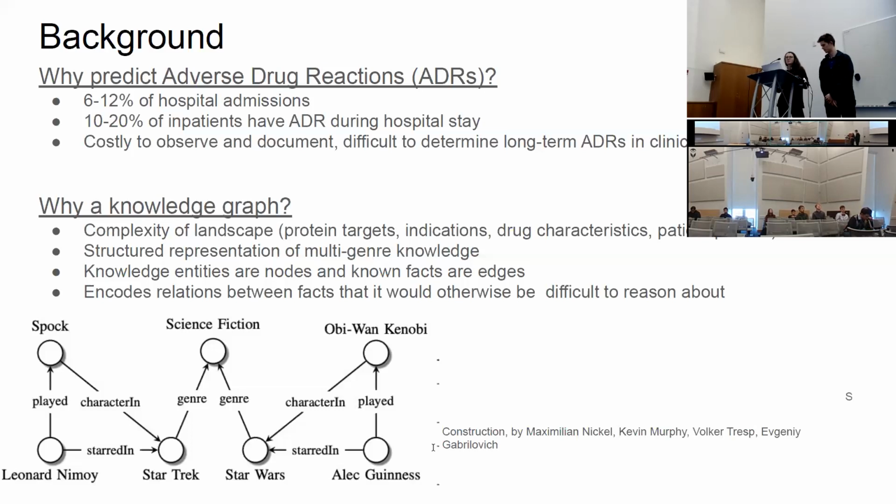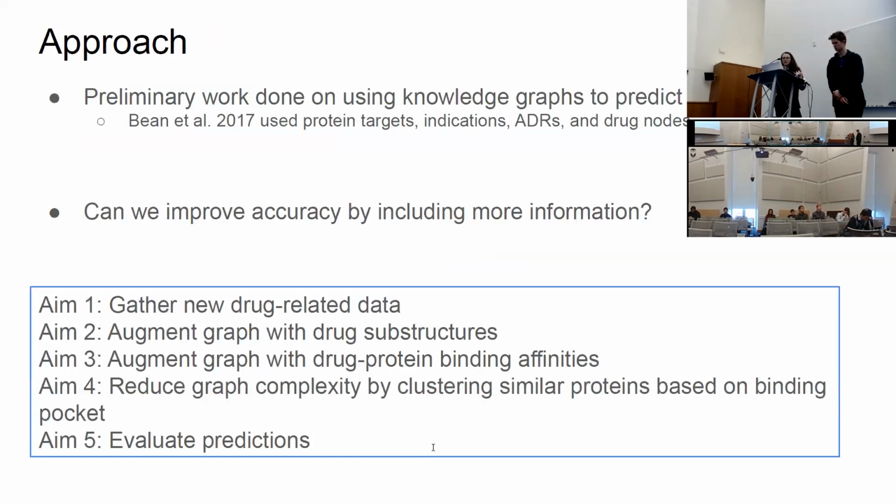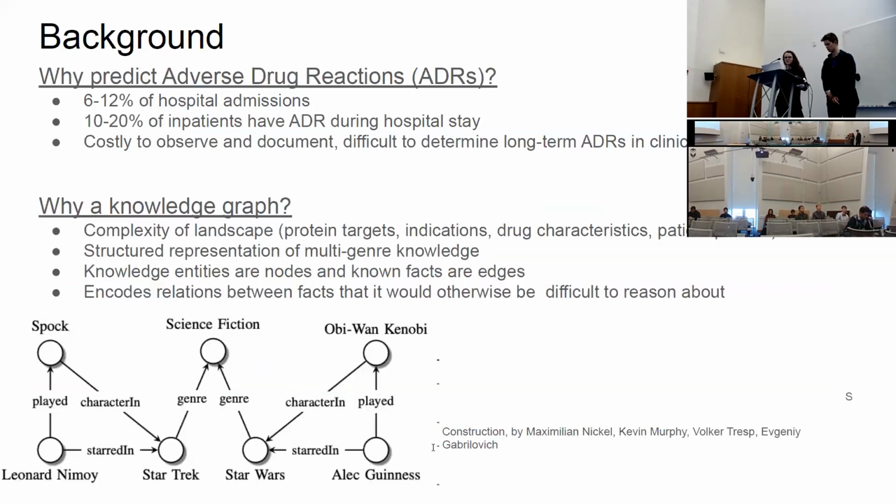In a similar way, we construct this knowledge graph in which we have nodes that represent drugs, ADRs (adverse drug reactions), and the disease for which a drug has been prescribed.